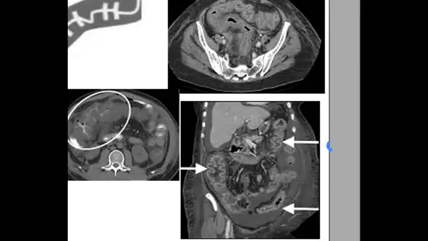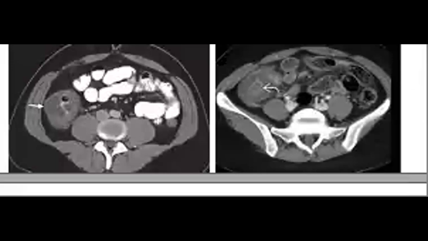It's called typhlitis, or the other name is neutropenic colitis, usually affecting the cecum.